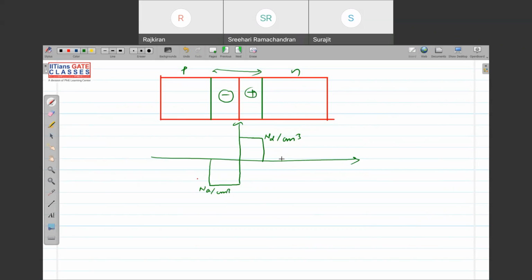Sir, inside the depletion region there are some minority carriers also, right? Yes, for holes, assuming they are very small.